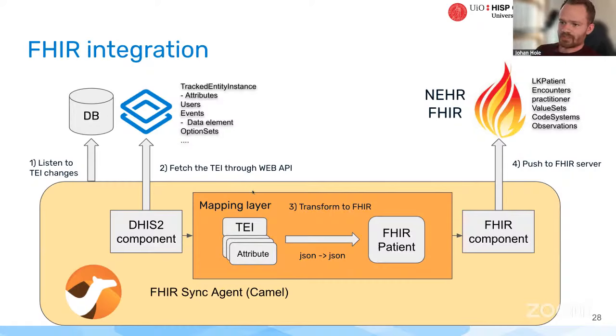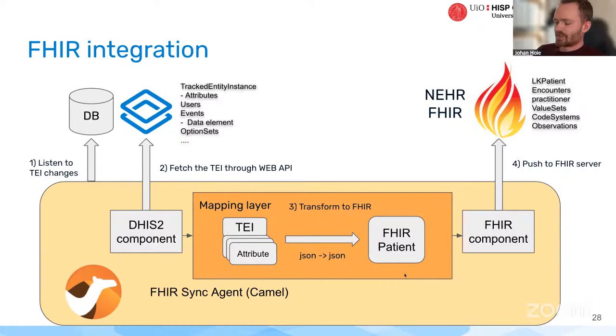The next step is the transformation. In simple terms, it is just a JSON to JSON transformation using Jsonnet. This mapping layer converts tracked entity attributes to FHIR Patient data elements, completed ANC visits to Encounters, and all of the data elements and clinical values in DHIS2 to FHIR Observations. Then all of these resources are linked back to the same patient.